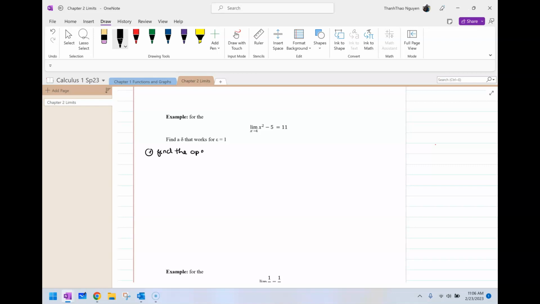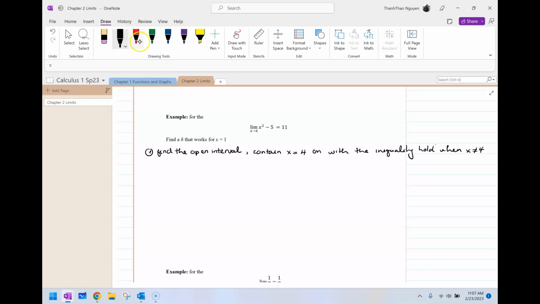that contains our x value in question, that contains x equals 4, on which the inequality holds when x is not 4.